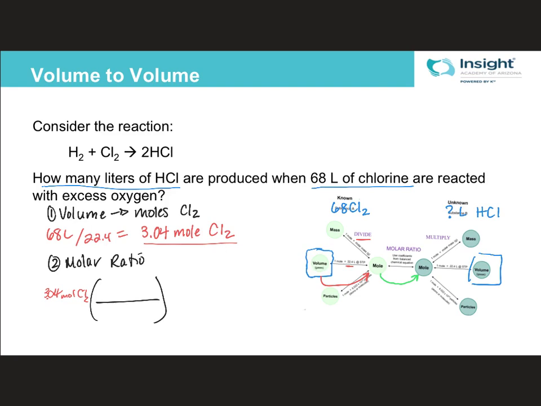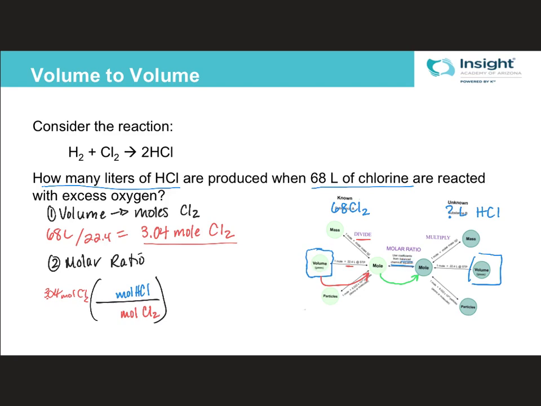That means the moles of Cl2 is going to go on the bottom. The number will come from somewhere else. And I need to turn that into moles of HCl. Where do those numbers come from again?